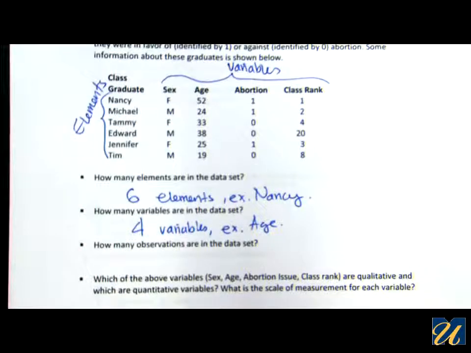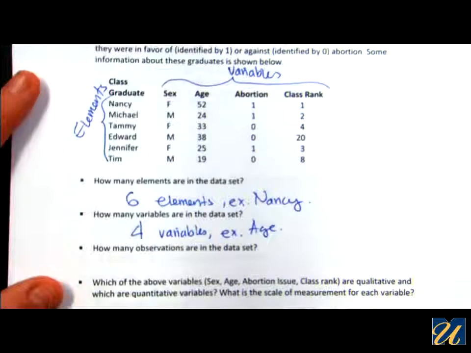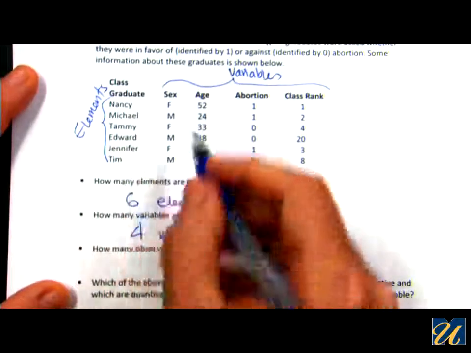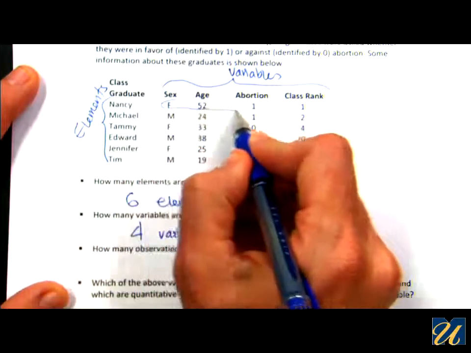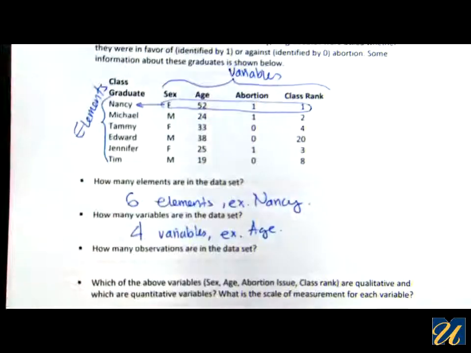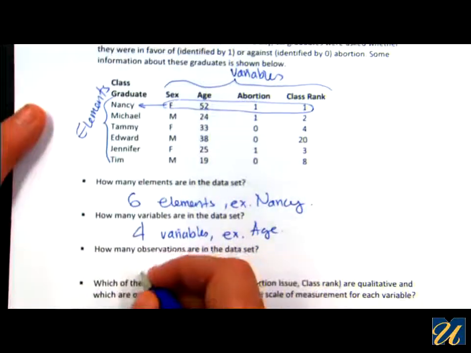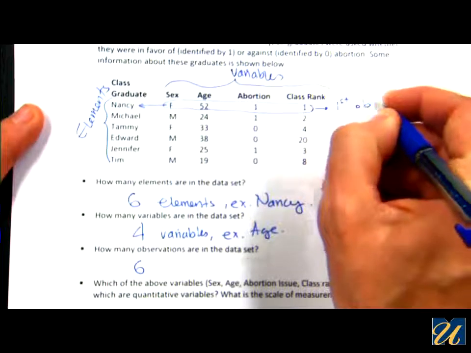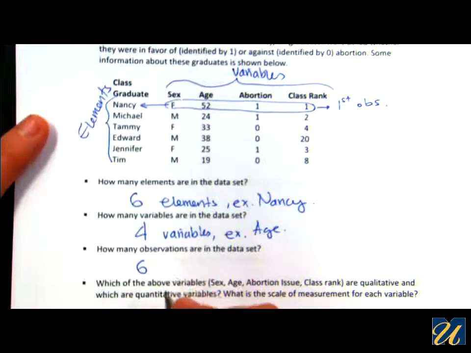How many observations are in the data set? Keep in mind that we said that we have 1 observation per element, and an observation is considered the set of measurements per element. The set of measurement per element. So therefore we have 6 observations. So this would be your first observation. 6 observations.